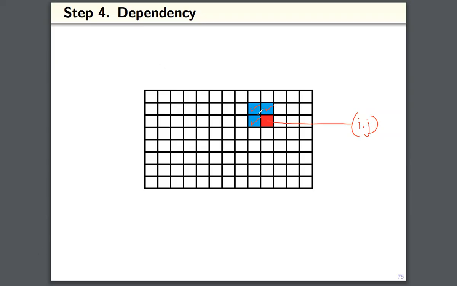For every cell, it need not depend on all three cells, but we have said at most, depending on whatever x of i and y of j might be. It should depend on some of these three cells. So that's your dependency diagram.